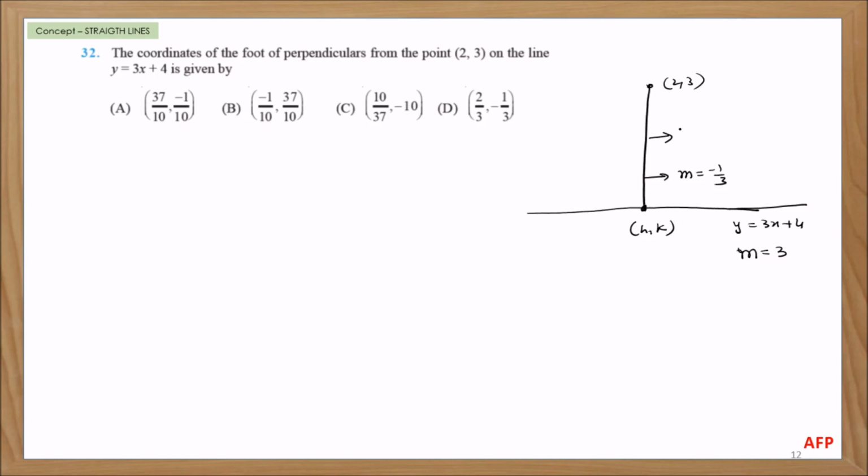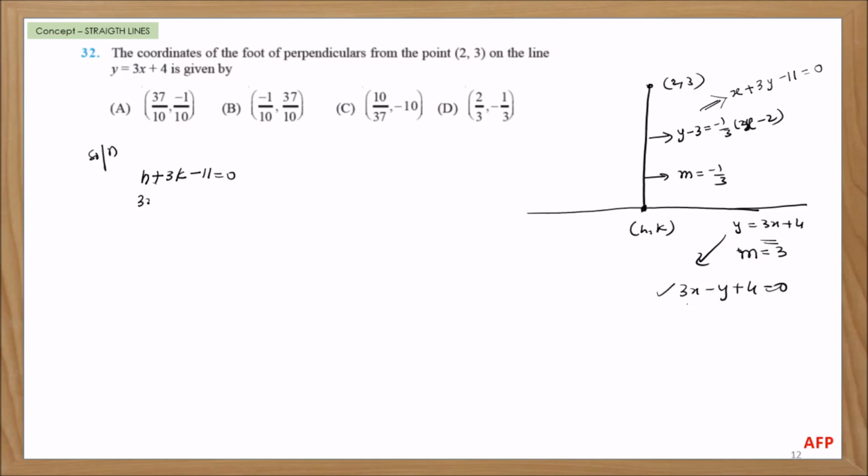If its slope is -1 by 3, then its equation will be y - 3 = -1/3 (x - 2). When you simplify this equation, since this line passes through this point, the first equation we write is h + 3k - 11 = 0. This line passes through this point, and again you write 3h - k + 4 = 0.